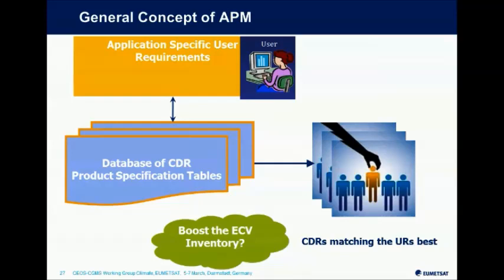So we plan, maybe not as part of the CORECLIMAX project, but as a follow-up of this one, to boost the ECV inventory and make a good database, and then develop a user interface to search the database, and match the requirements with the database to select one or more datasets suitable for a particular application. So this is the general concept.